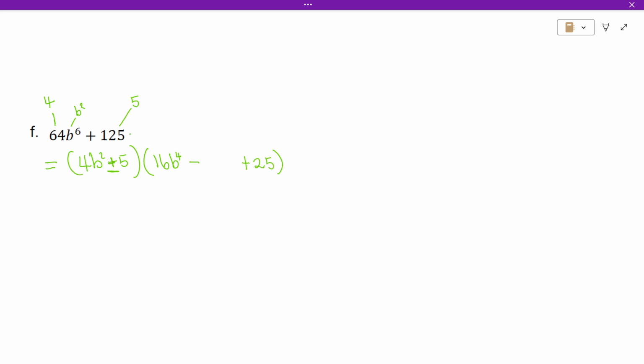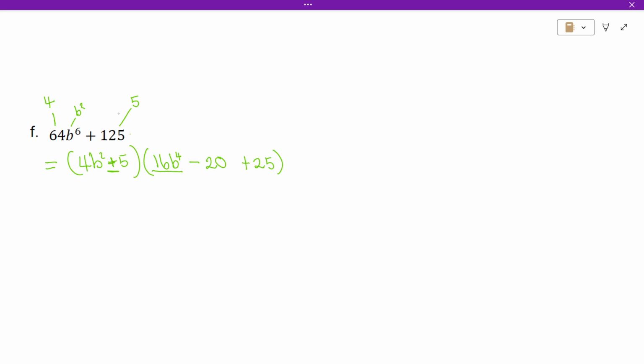Now to get the middle term, this is something where you'll get used to it with time. But essentially to find the middle term, we're going to multiply the two numbers together that are in the first bracket. So 4 times 5. 4 times 5 gives us 20. And then we get 20 over there, knowing that this needs to be a trinomial essentially.